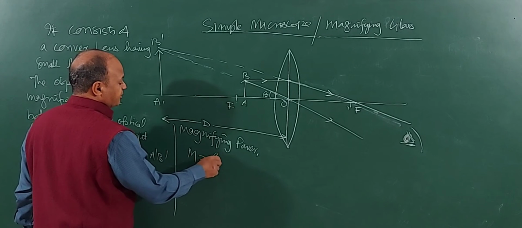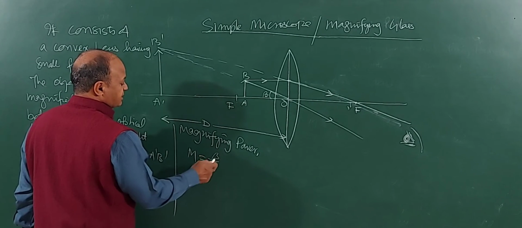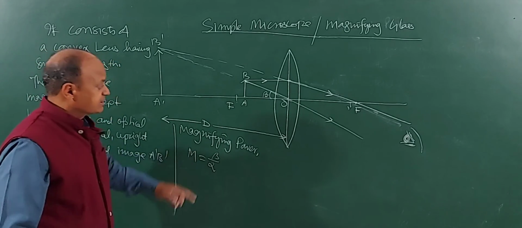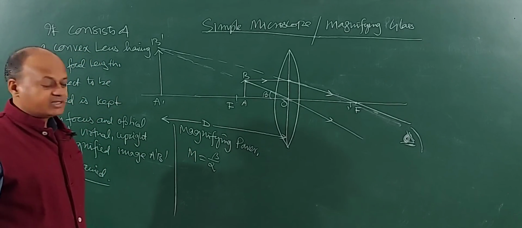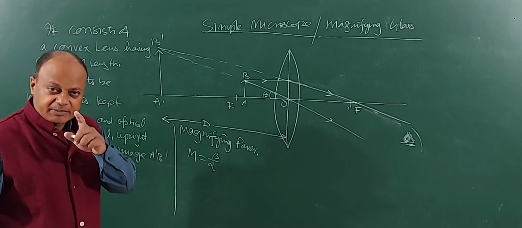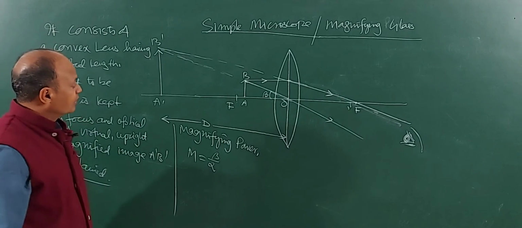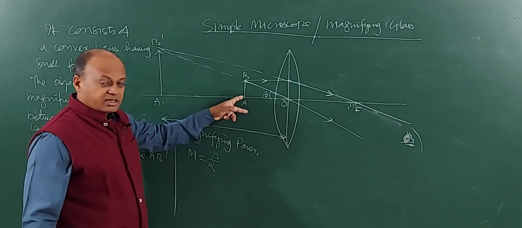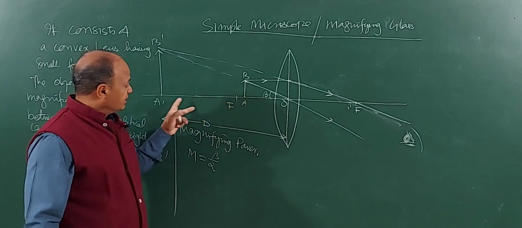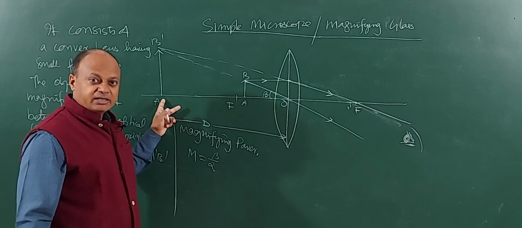Angle subtended by image divided by angle subtended by the object. But in both the cases, we have to place the image as well as the object at what distance? Capital D. Yes? So this object AB is here. I want to know if this object was placed at least distance of distinct vision, what will be the angle?